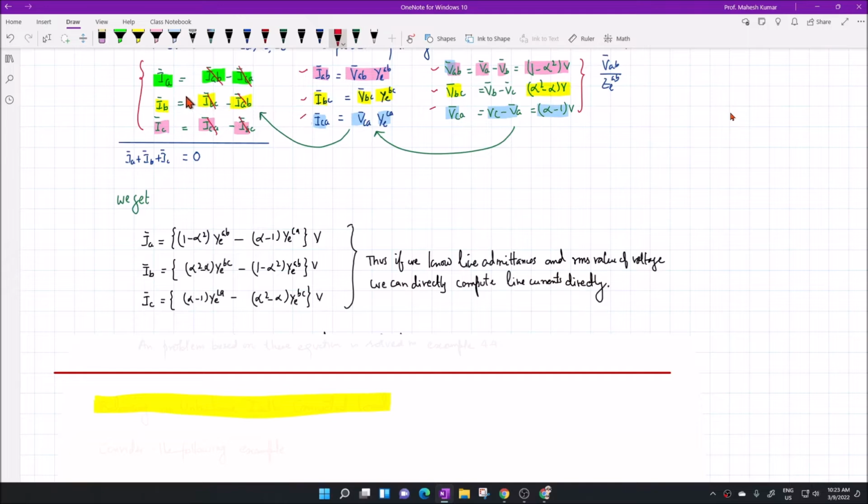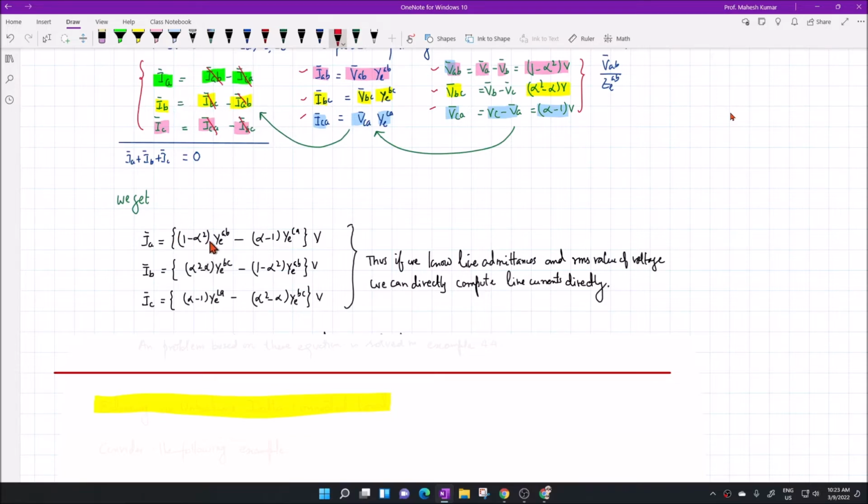So what is IA? IA is IAB minus ICA, and IAB is VAB into YLAB, and VAB is VA minus VB, 1 minus alpha square V. Substitute all these values to find out the current IA.